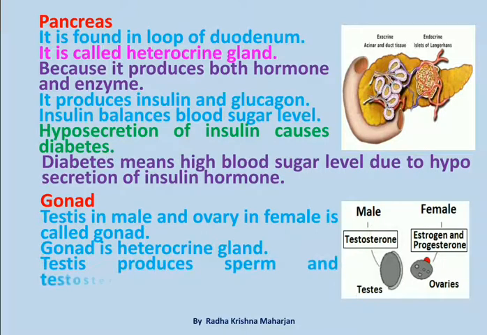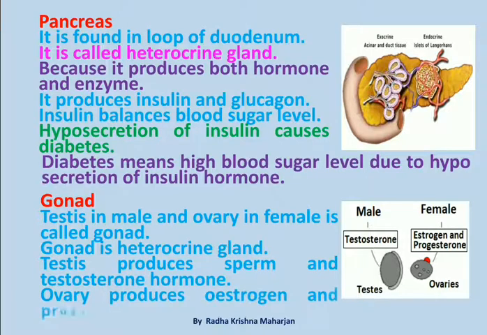Testis produces sperm and testosterone hormone. Ovary produces estrogen and progesterone hormone.